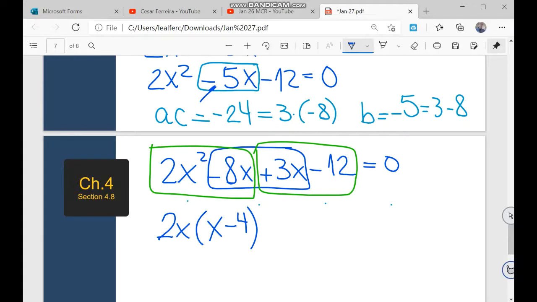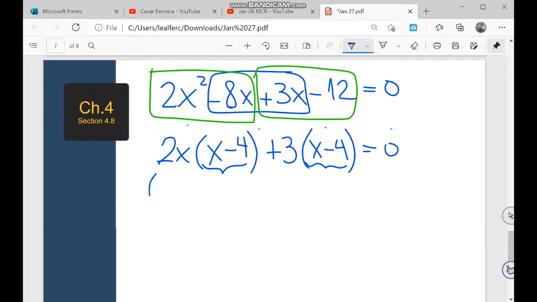And the second one, if we factor out 3, we can write it as 3 times x minus 4. Those are the same binomials. We can also factor it out. So it's 2x plus 3 times x minus 4 equals 0.